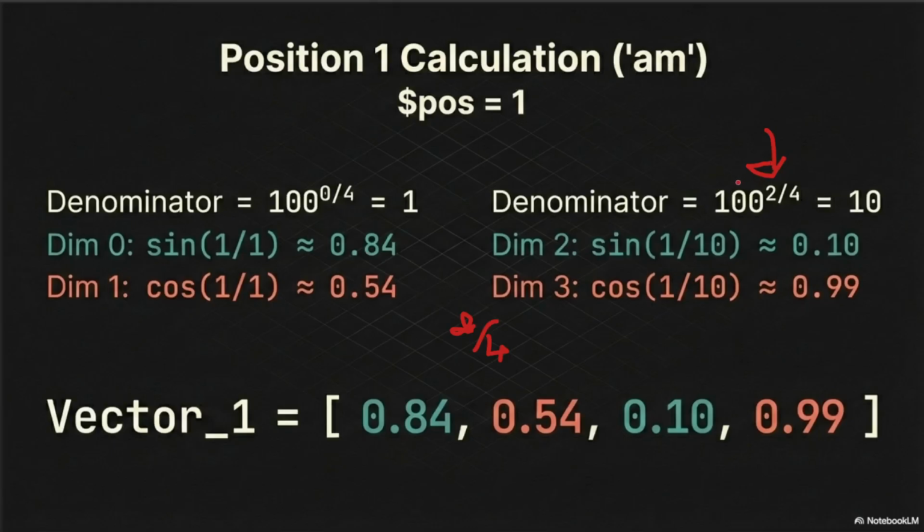So the denominator is the square root of 100, which is 10. We take the sine of 0.1 and the cosine of 0.1, and we get these values. Note that these values are much closer to 0 and 1, so they are changing slower. So roughly we will get this vector. We calculated this by this one, this by this one, and this one using this one.